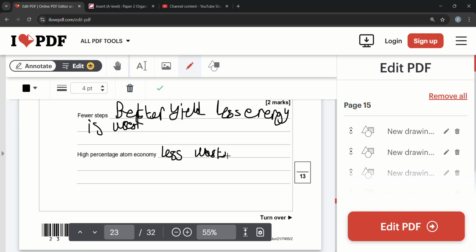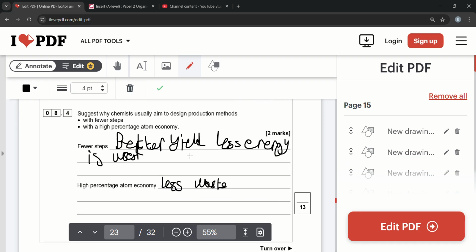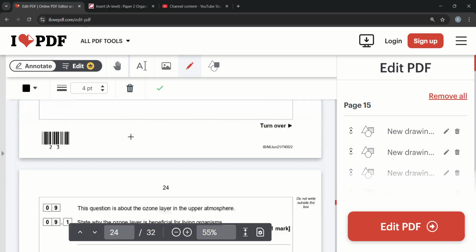Or you could say less pollution, but we say less waste. So fewer steps because better yield or less energy is used, and then for high percentage atom economy, less waste. And that is the end of question 8.